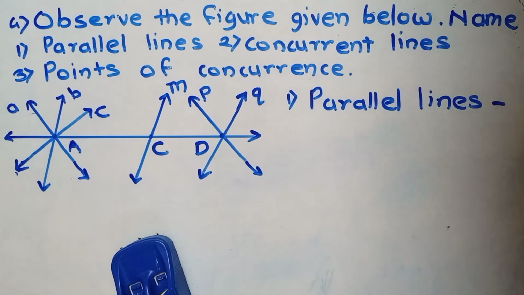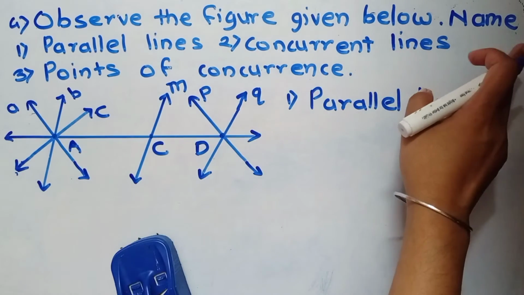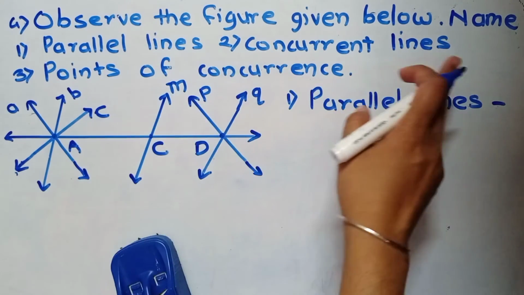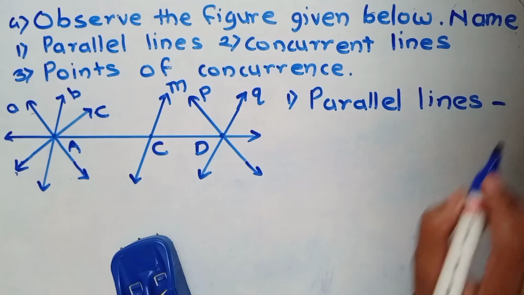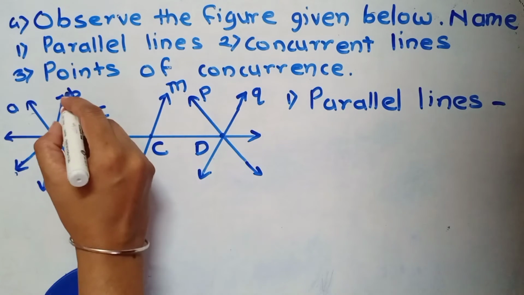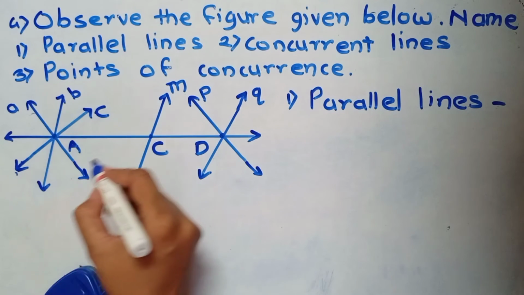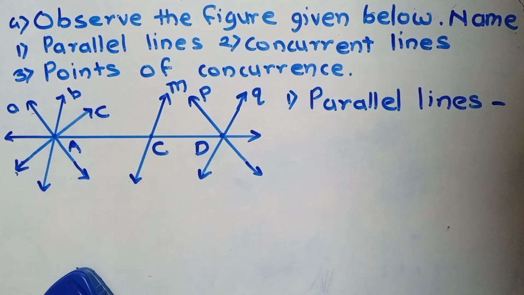Let's solve question number 4. Observe the figure given below and name parallel lines, concurrent lines and point of concurrence. First, we have to solve the parallel lines. Which are the parallel lines in this figure? So, line B, line M and line Q are parallel to each other.